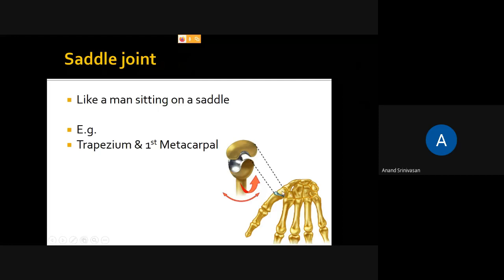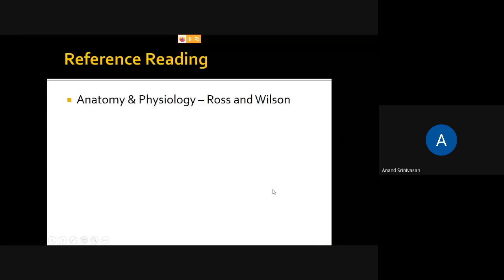The trapezium is a part of a carpal bone. This is the first metacarpal, second, third, fourth, and fifth. Between the first metacarpal and the trapezium there is the saddle type of joint.